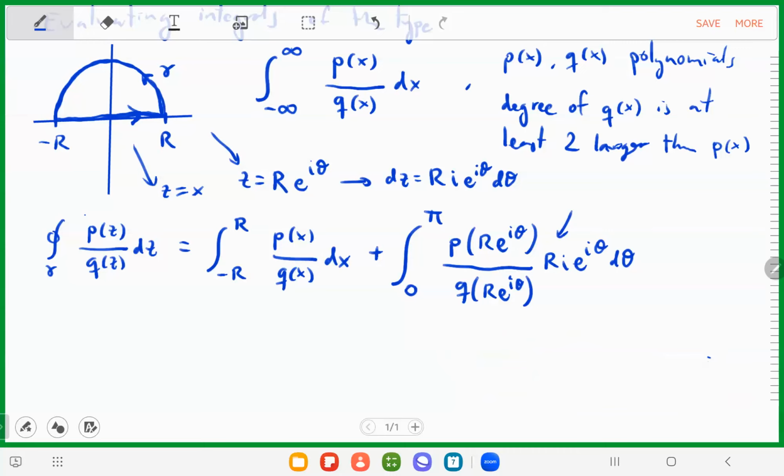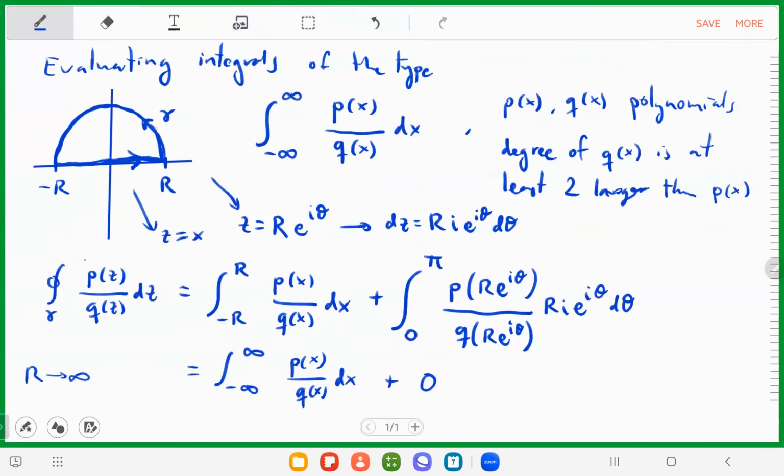In general there could be a complication, but in this case, when r goes to infinity, this will be the integral between minus infinity and infinity, the one that we want to calculate, and the semicircle part will be 0. The only thing we need to imagine is how the contour will change as r goes to infinity.